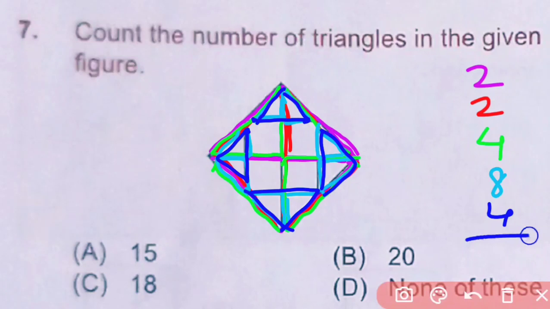So there are 2 plus 2 4, 4 plus 4 8, 8 plus 8 16, 16 plus 4 20. There are 20 triangles in the given figure.